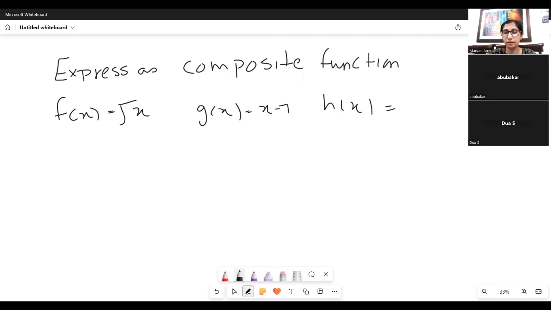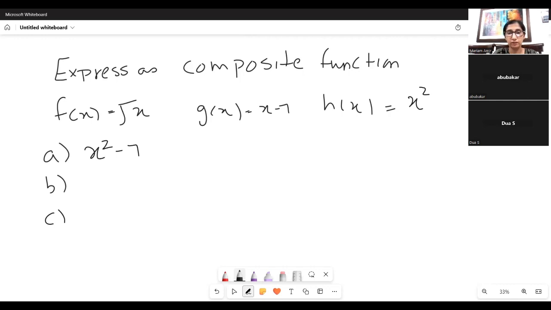And h(x) is x squared. The question is express the following as composite functions. It has three parts, a, b, and c. A is x squared minus 7.